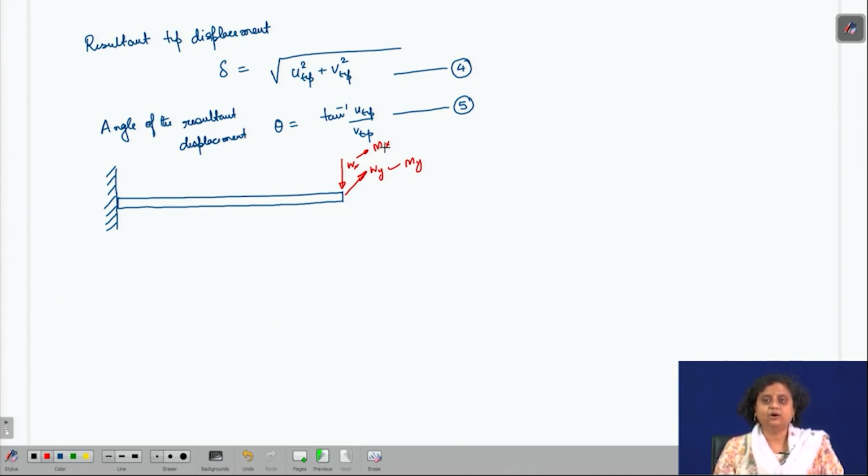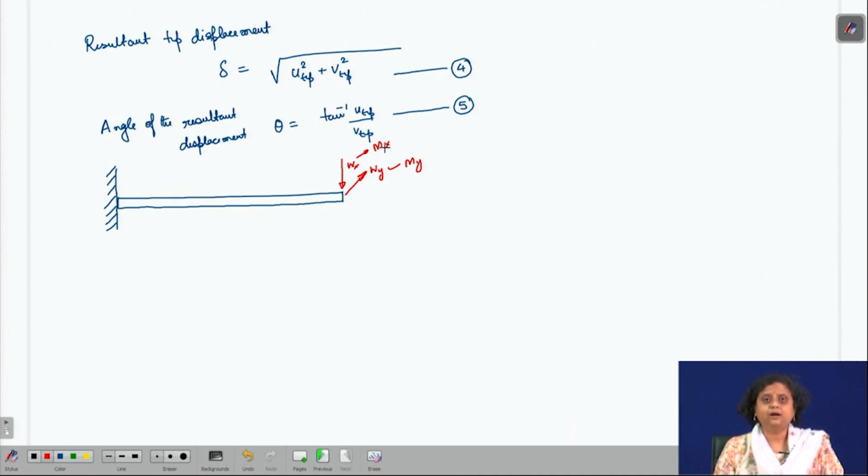The constants C1 and C2 as well as A1 and A2 will depend on the boundary conditions, which will change the expression for u and v and thereby change the expression for u tip and v tip and the resultant displacement.